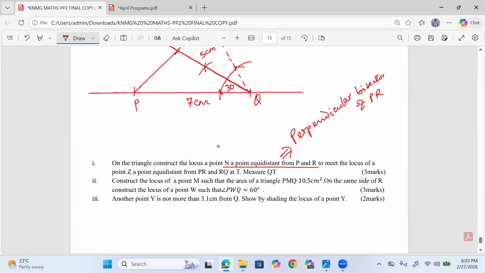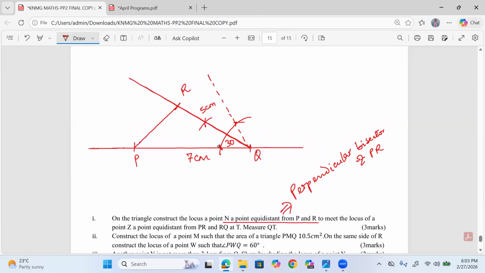There will be that line, that perpendicular bisector will contain all the points that are equidistant from P and also R. So PR should now be bisected, and it's being bisected perpendicularly.